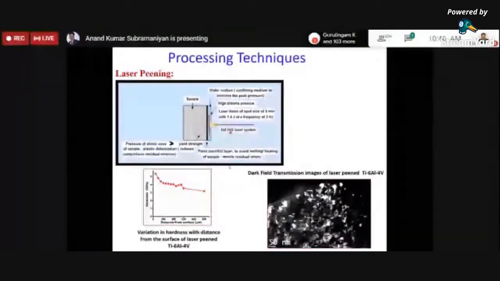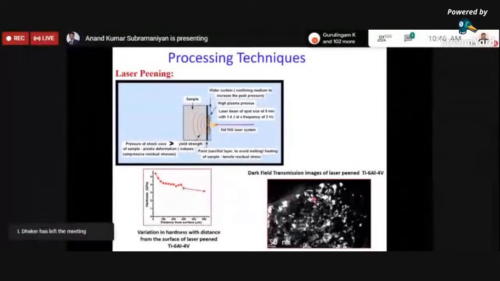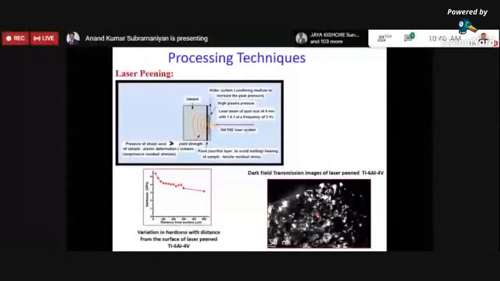And quickly, if you look at the TEM image, people have observed the formation of a nanocrystalline kind of transformation on the treated surface, and hardness measurement performed on this sample shows that the surface hardness has increased significantly, and it decreases as we move away from the treated surface.